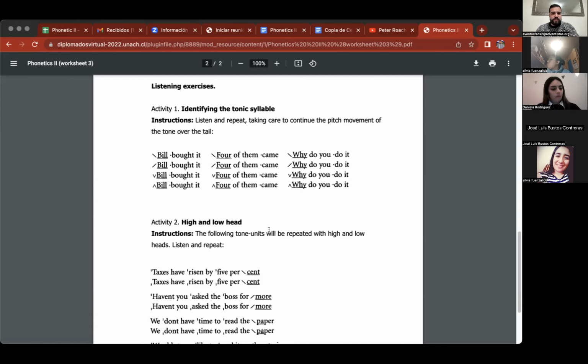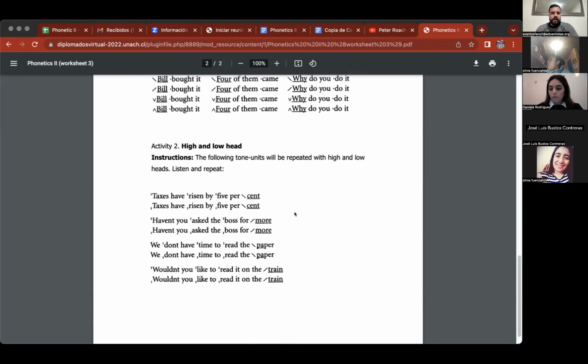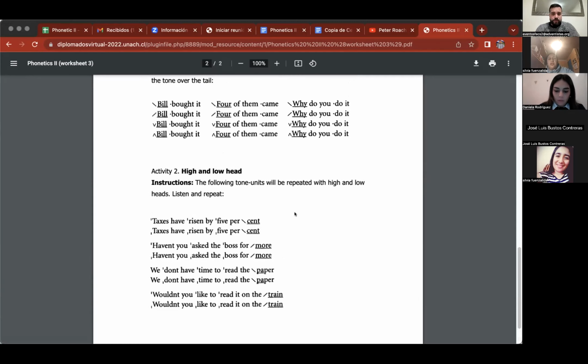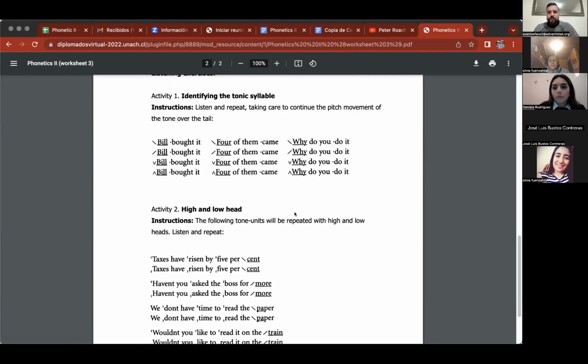And in activity 2, the name is high and low head. For that, you had to repeat some tone units with high and low heads. There were 4 of them. So I'm going to play the audio. We are going to begin with activity 1.